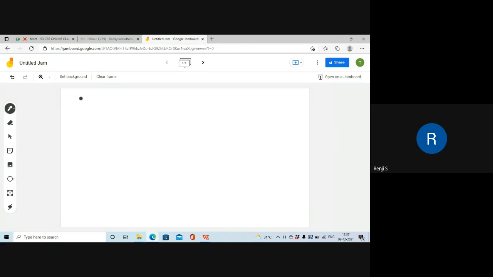Now we are going to the second method of proof. The second method of proof is called indirect method of proof, or you can call it proof by contradiction.